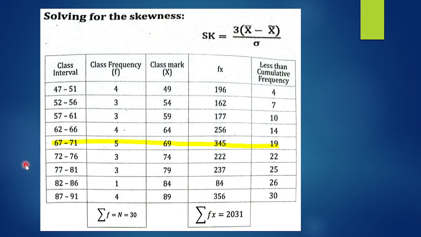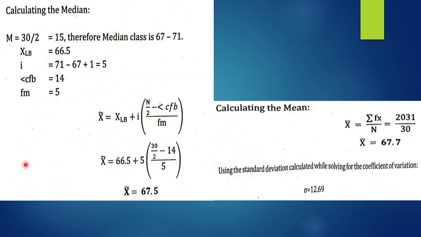Now let's proceed. We do have our frequency of the median class, so we can use this formula. This is the formula of getting the median. Take note, this is for group data. Median is equal to XLB plus the i, same with this one.